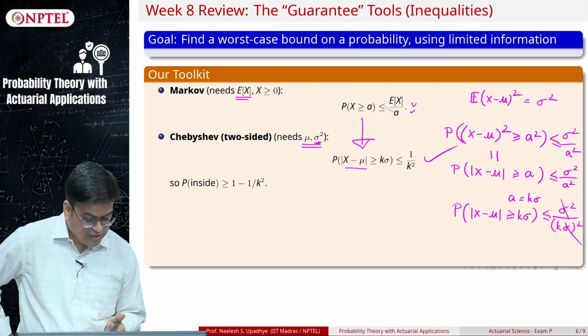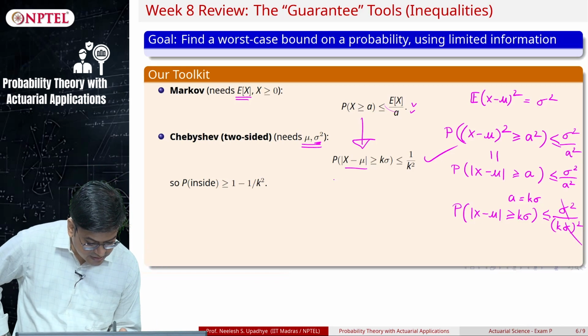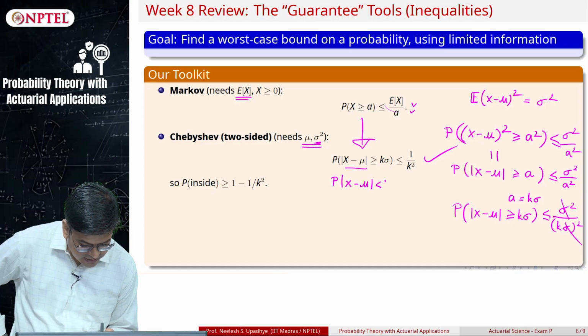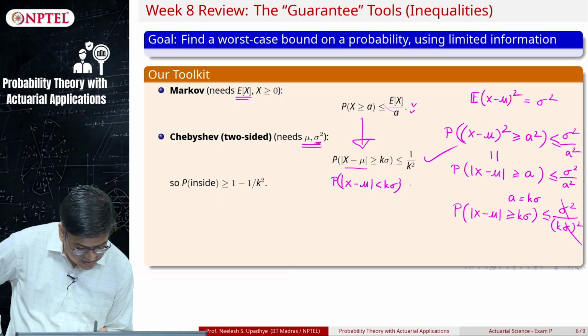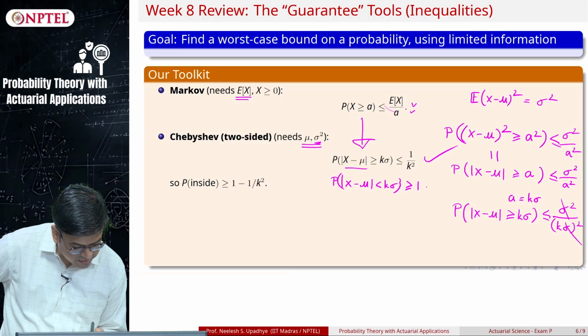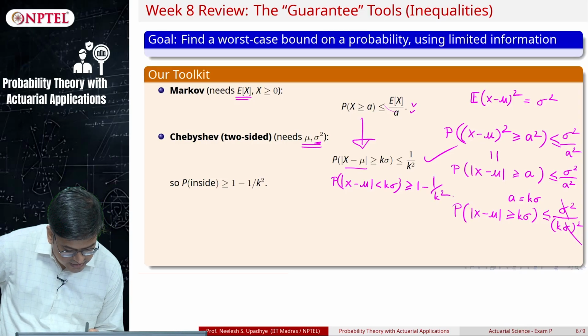Now, the logical equivalent of this is, if I consider probability of mod x minus mu less than k sigma, what will I get? Because this is less than or equal to, this should be greater than or equal to 1 minus 1 by k square.